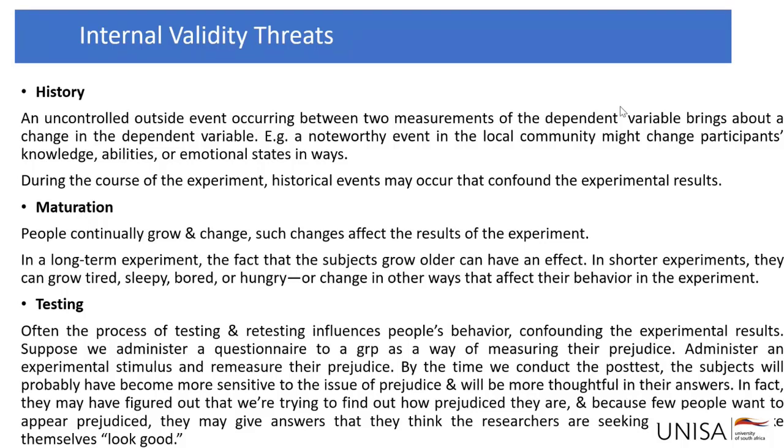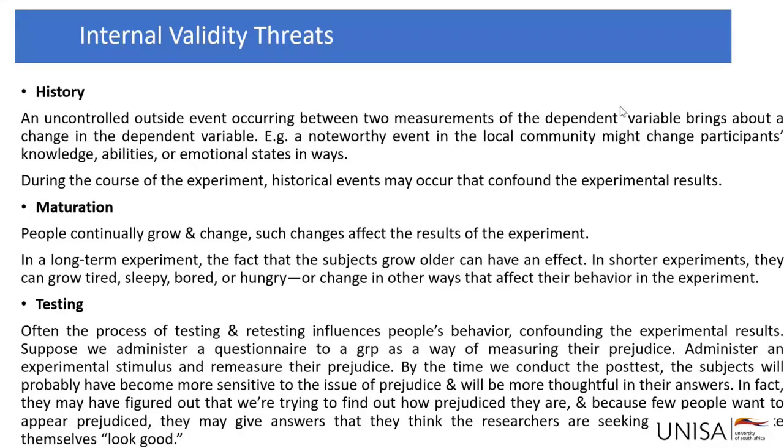Confounding the experimental result. Suppose I come to you today and I administer a questionnaire to a group, to you as a group, as a way of measuring prejudice. As we administer an experimental stimulus and remeasure the prejudice by students, by the time we conduct the post-test, because there will be a pre-test before and then a post-test, you may have become more sensitive to the issue of prejudice, and you will be more thoughtful in your answers.